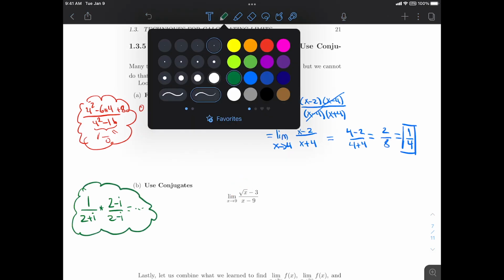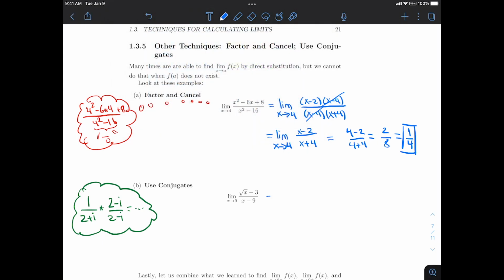So that's the limit as x approaches 9 of root x minus 3 over x minus 9. I'll multiply it by root x plus 3 over root x plus 3. I have to multiply by the same thing on top and at the bottom so that I don't change the value of the fraction.